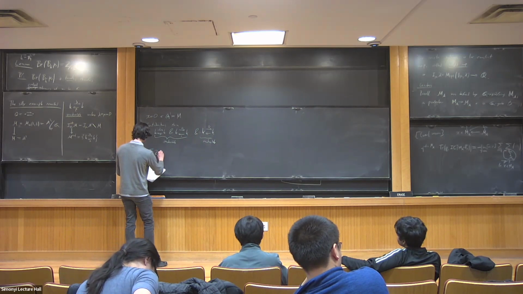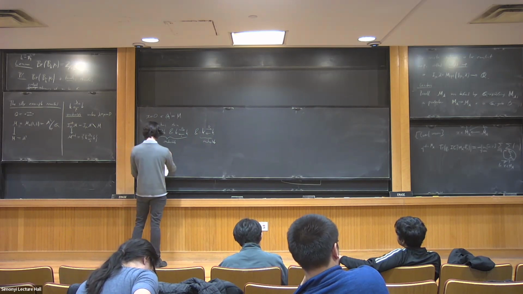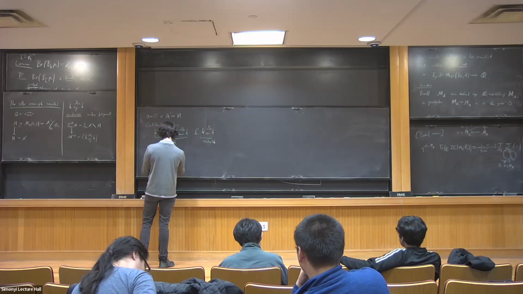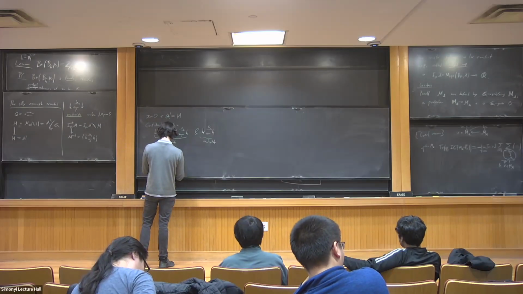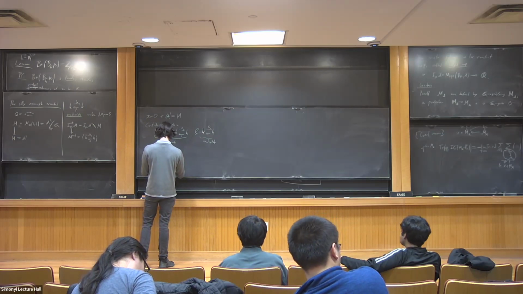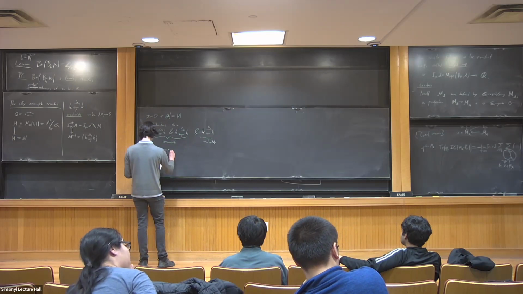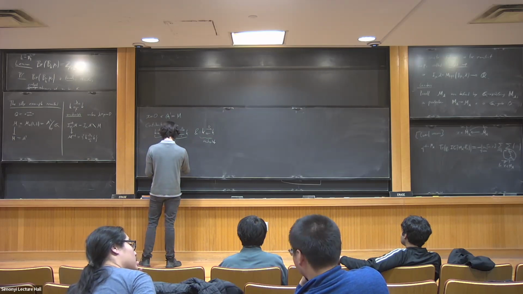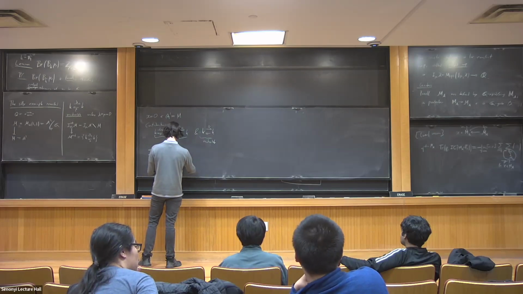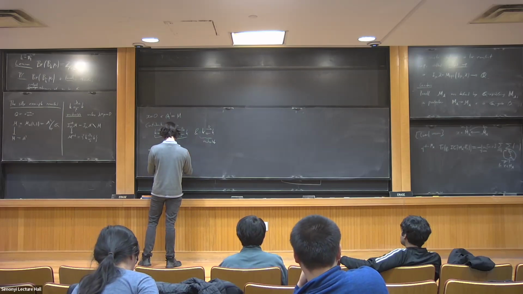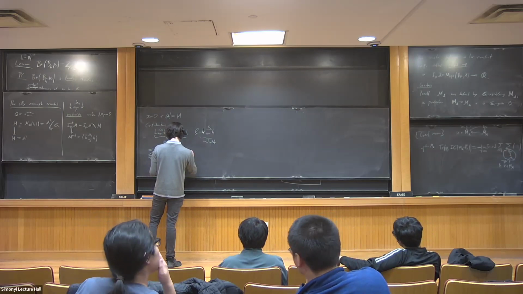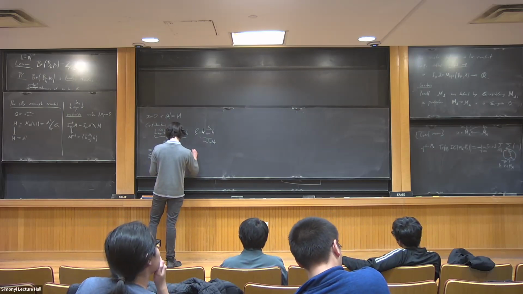So you get 2 Q inverse times T^r, plus (Q minus 1) times (Q minus 1) divided by (Q minus 1) times T^r.